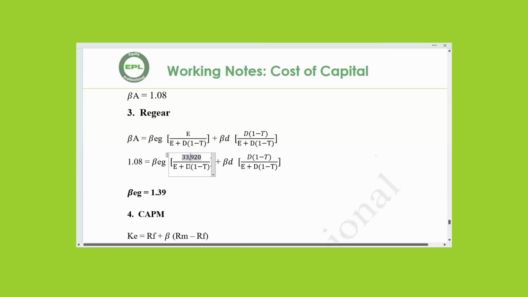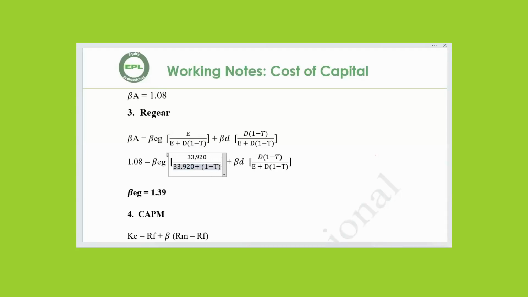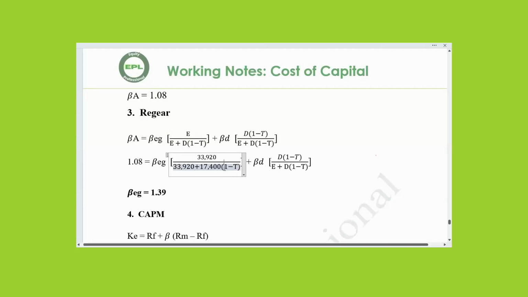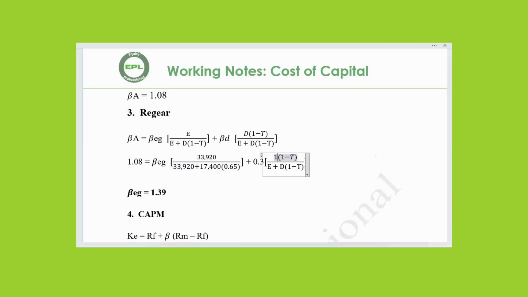Then also 33,920 plus the debt value. Debt value is 17,400, multiplied by 1 minus tax, that's 0.65. Then plus the debt beta of 0.3, multiplied by debt value of 17,400.